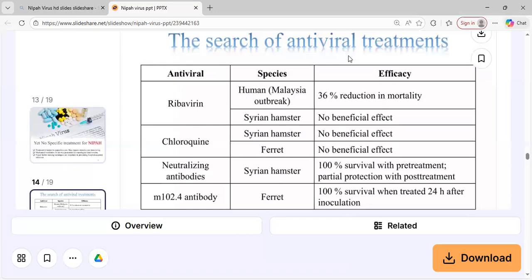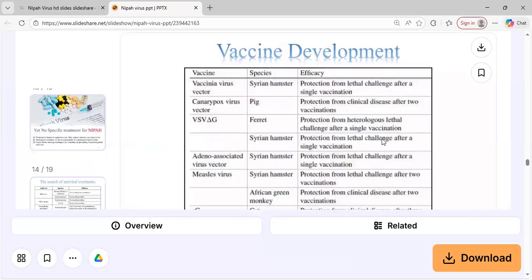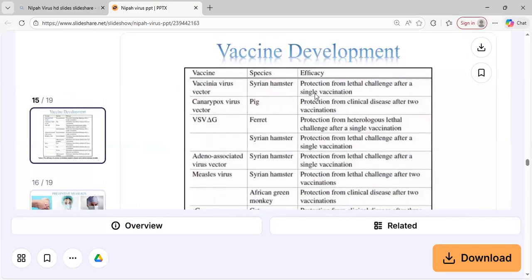Some of the antiviral treatments are ribavirin, chloroquine, and neutralizing antibody. These are some of the species and their efficacy can be seen here. Further, vaccine development activity should be done.